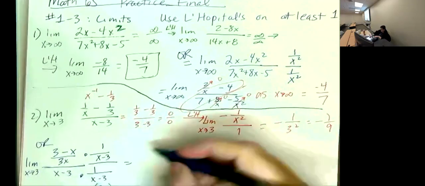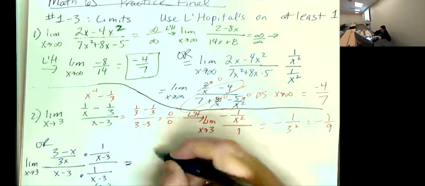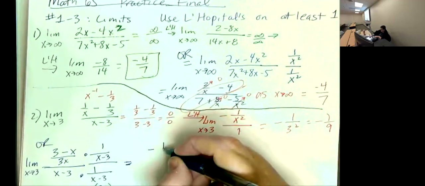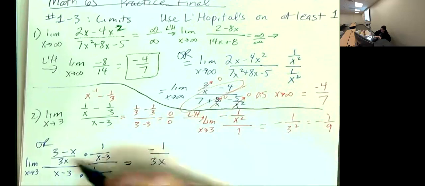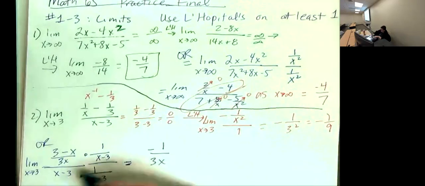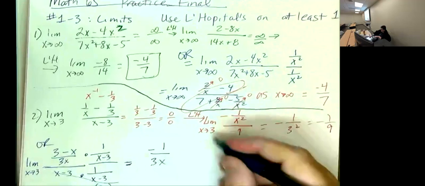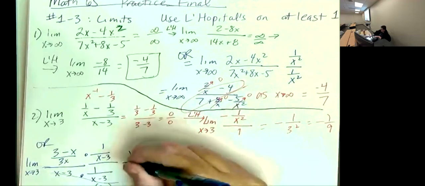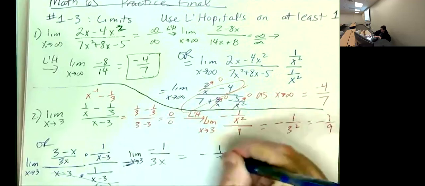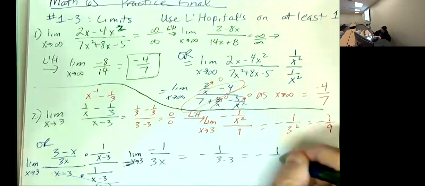And 3 minus x cancels x minus 3, leaving a negative 1. On bottom, we just have 3x from there. And this part just cancels. And we're doing the limit as x goes to 3. Negative 1 over 3 times 3 is negative 1/9.